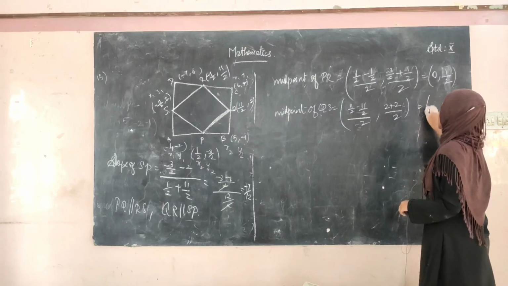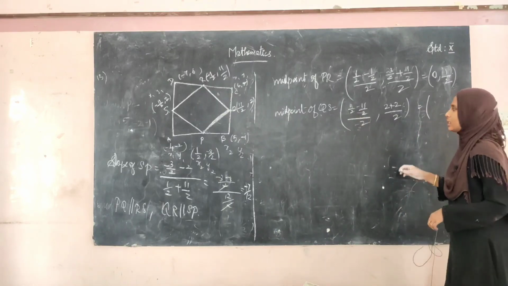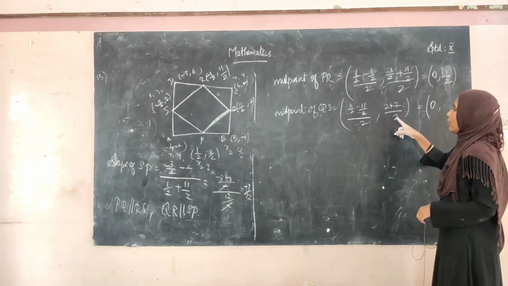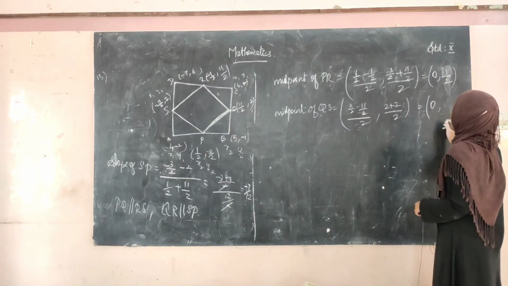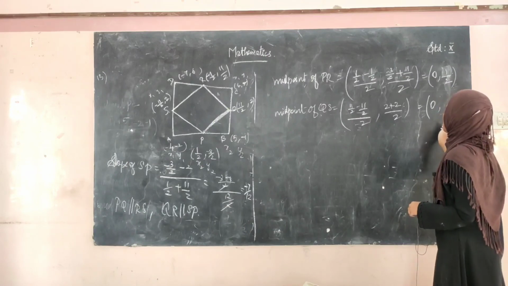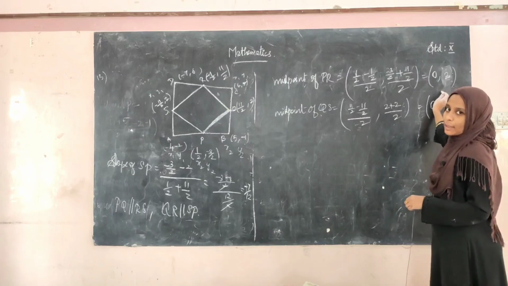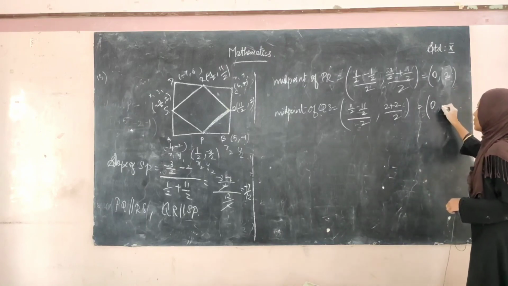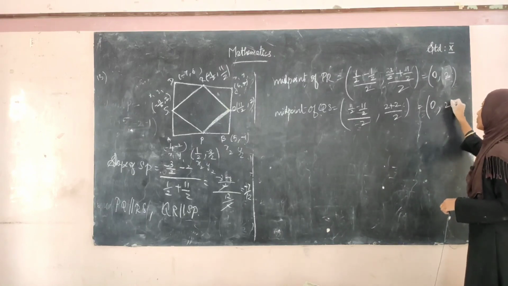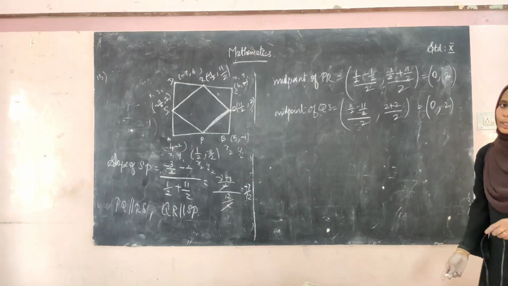Okay, so here it is 11 by 2 minus 11 by 2 is 0, 0 by anything is 0, so 0 comma 4 by 2, because 8 by 4 is 2, so comma 4 by 2 is 2. Okay, so see here we got midpoint of PR is equal to midpoint of QS.